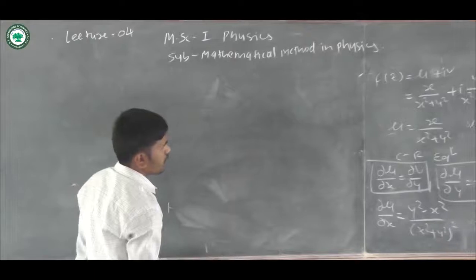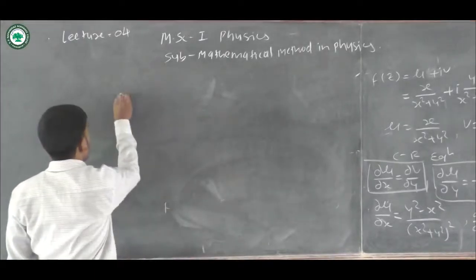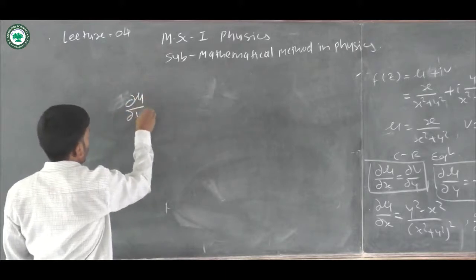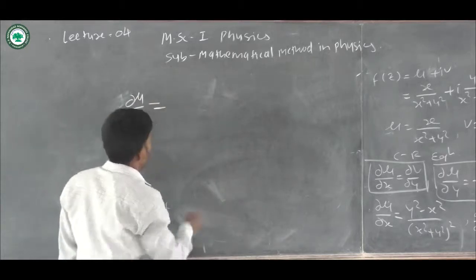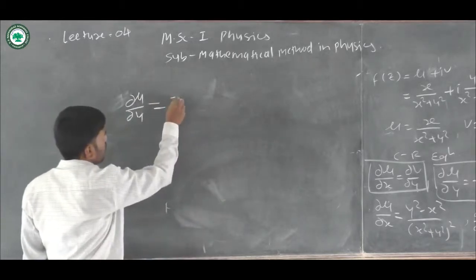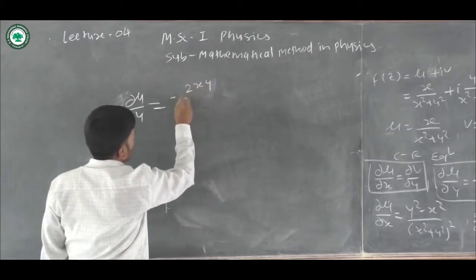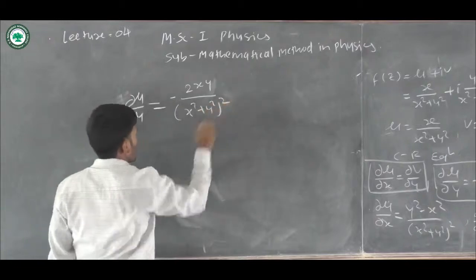Okay, so next one is what, dou u by dou y is equal to minus 2xy divided by x square plus y square whole square, right?